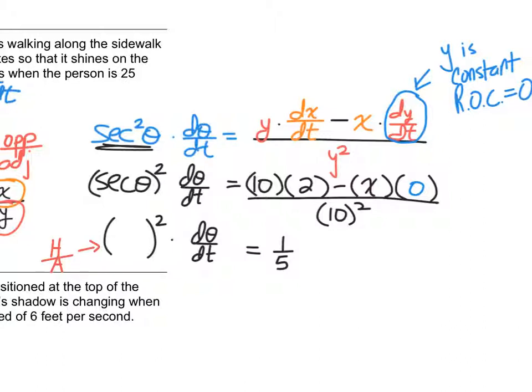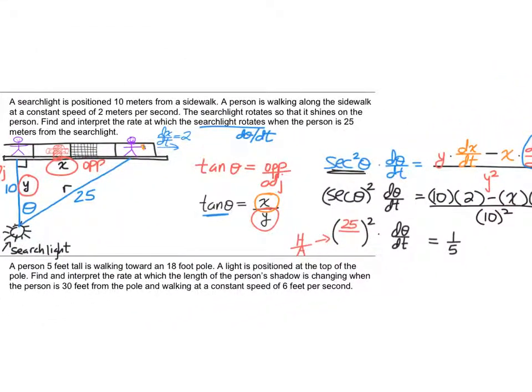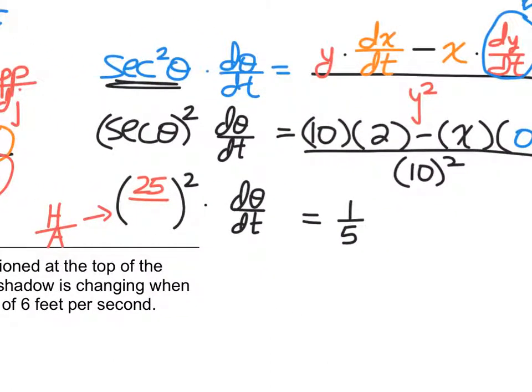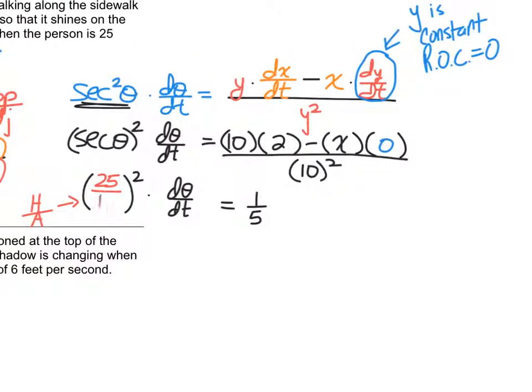All right, so I know the hypotenuse, it's 25. And I know the adjacent is 10. Okay, just get that right from the picture. Hypotenuse, adjacent, 25 over 10. Could simplify a little bit. So 5/2, right?